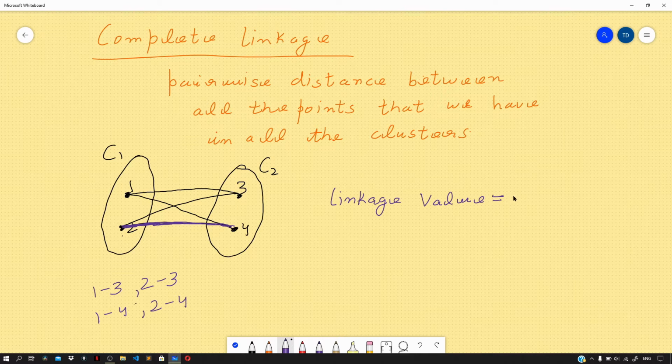Let us denote this by L, and here we can store the distance 2,4, which is the pairwise distance between the points 2 and 4. Right? So remember, this is the value of linkage when we make use of the concept of complete linkage. Then let us now move forward to the second type of linkage, which is known as single linkage.